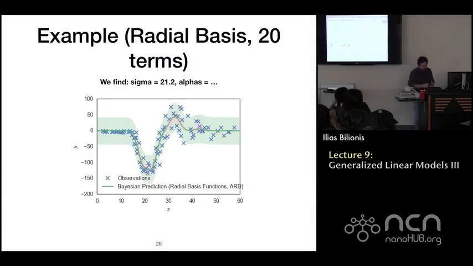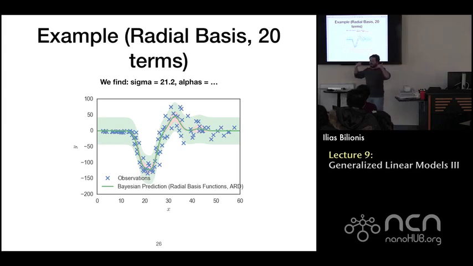And let me show you what the predictions look like for the case of radial basis functions with 20 terms. This is on your handout, how to do that exactly. So what happened is that it basically threw away a lot of the base functions that it didn't need. Out of the 20 base functions, it probably threw away about 15 or so.